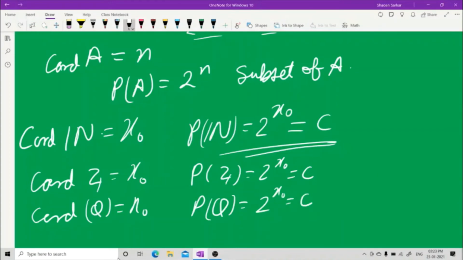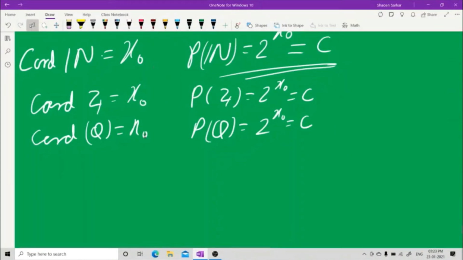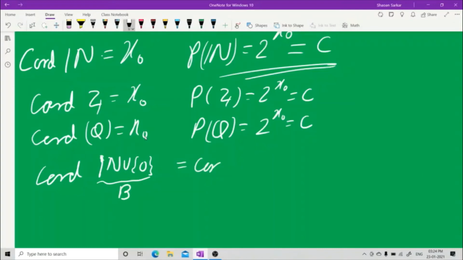Now you may ask about the cardinality of R and C. See, cardinality of even this union N union 0. So let us call this set B. Then cardinality of B is alif naught.